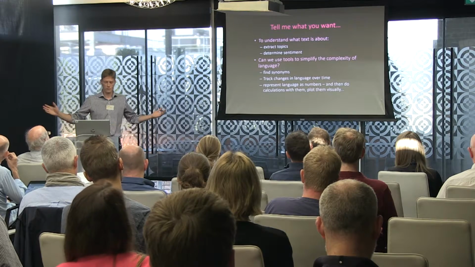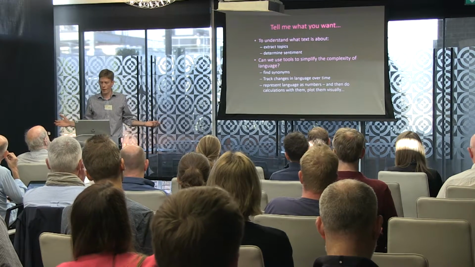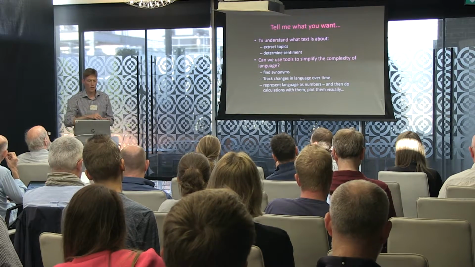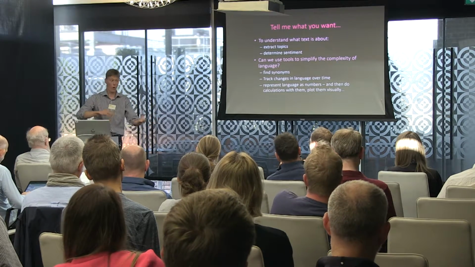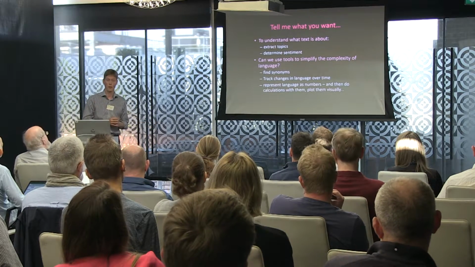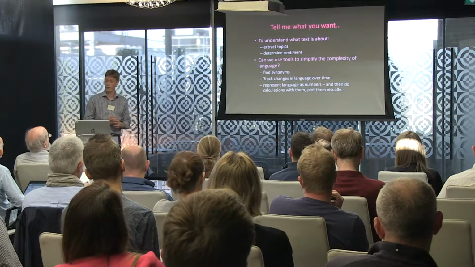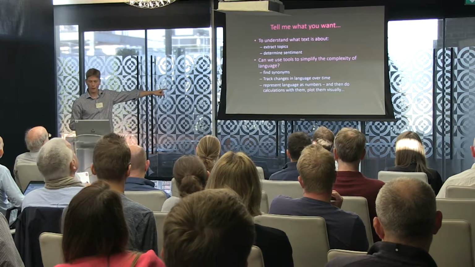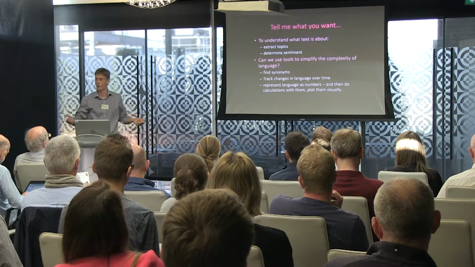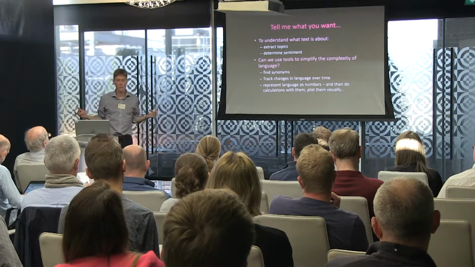So, can we use tools to do this? And can we nail down some specifics within that? Topic extraction is a whole other theme. I'm not going to talk about it here, but there are techniques for finding the topics within text. But can we do some of these other little tasks? Finding synonyms, so that list of words for annoying. Can I actually get a hold of that?